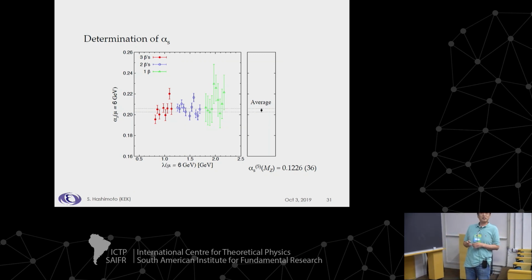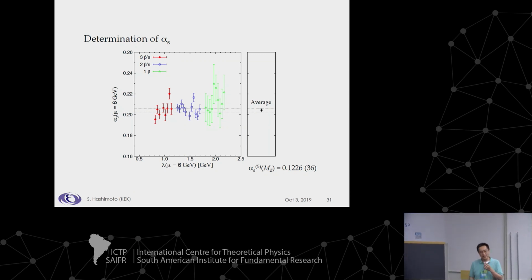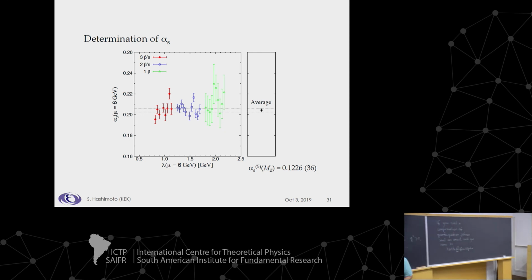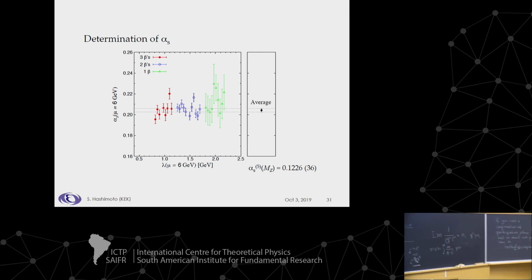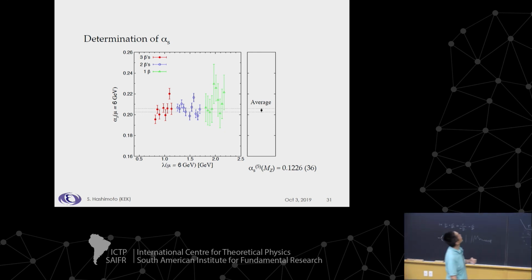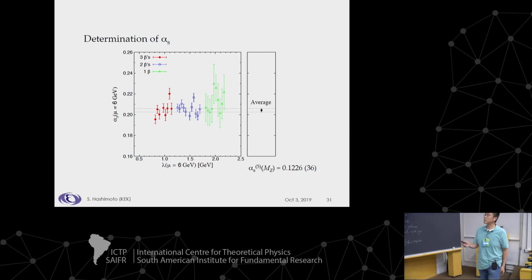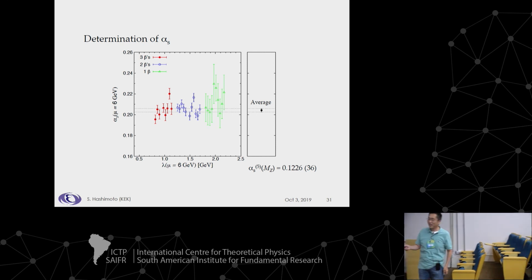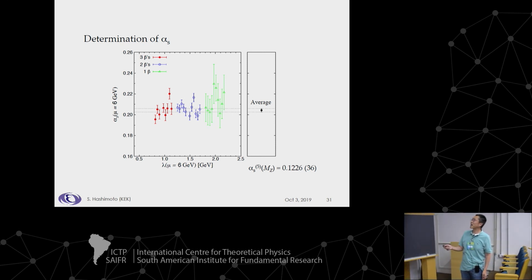Those were about the Dirac operator spectrum, and using the same quantity, I can obtain alpha s by fitting. Using the same data, I can extract alpha s, and bin by bin I obtain those data, and by averaging over all bins I obtain this.